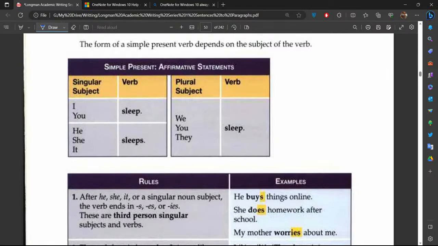So sometimes the form of the verb depends on the subject of the verb. For I and you, we say sleep, but for he, she, it, we say sleeps. And for the plural subjects, we, you, they sleep.